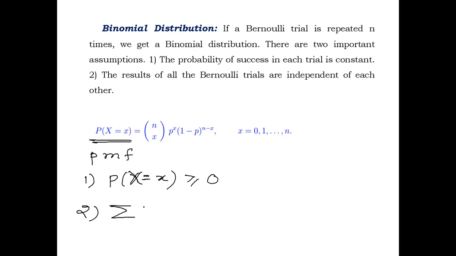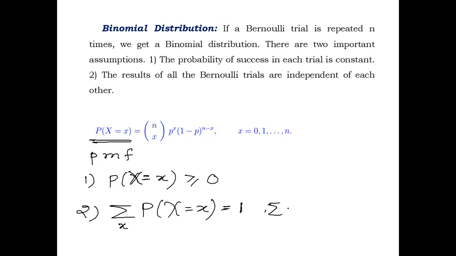And the second condition is that the probability that the random variable takes all possible values of x is exactly equal to 1. So this is really wonderful. And you can check this also. This is going to be satisfied.